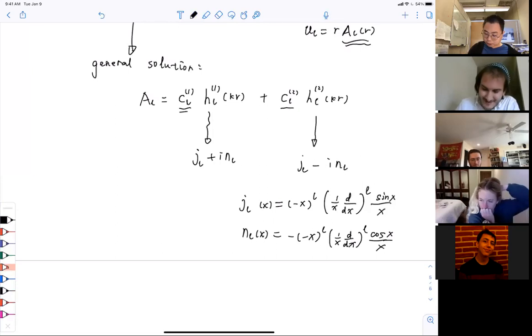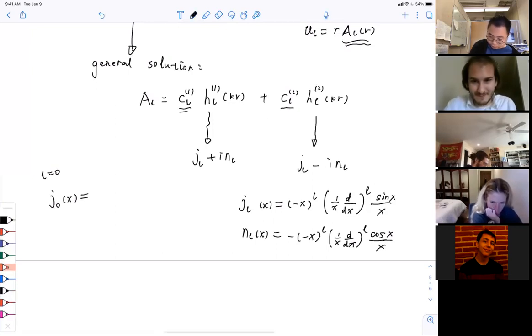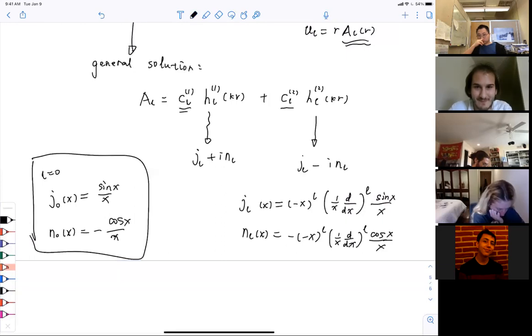One result you need to know is for l equal to 0, which is sin x over x. I think it's good to remember this.